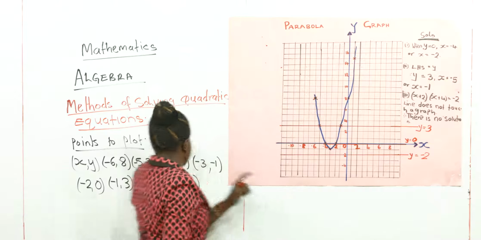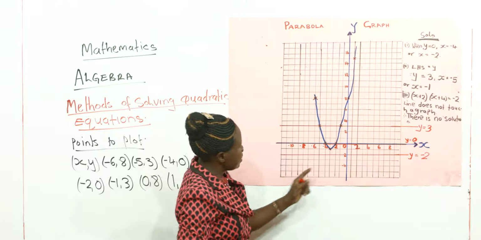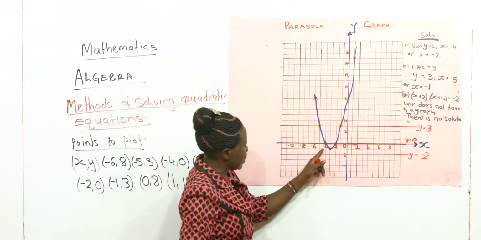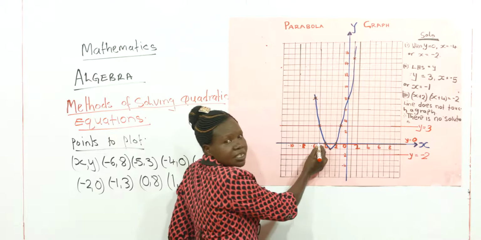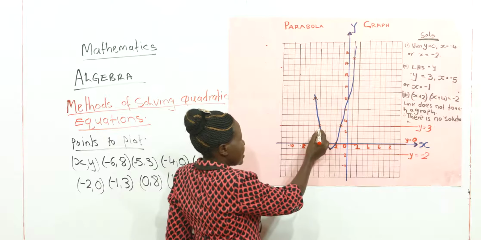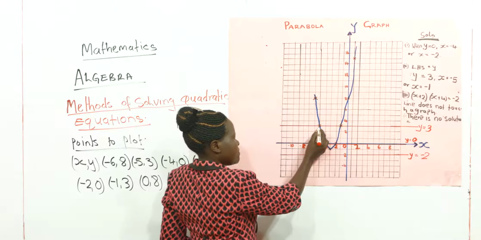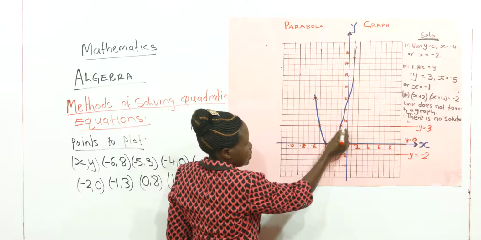And then you move to the second point, which is negative 5 and positive 3. So you also stand here and come on the x-axis to negative 5, which is here. This is negative 4, this is negative 5. So at negative 5 here, you follow this straight line up to where you get positive 3 on the y-axis, which is here.